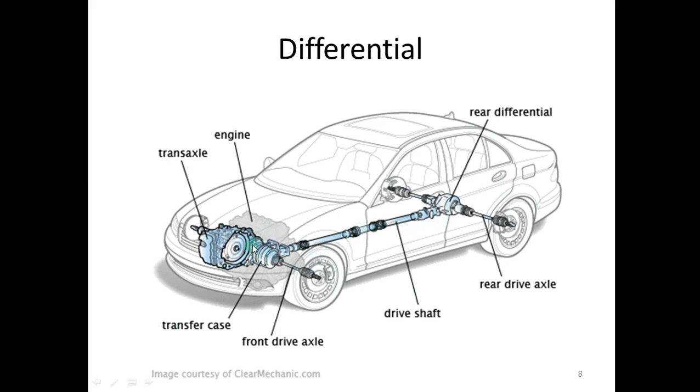The power transfers from the engine to this drive shaft, and the drive shaft is connected to the rear differential, and through the differential the rear drive axles, the wheels, are going to turn with the help of the differential. These two side wheels can rotate at different speeds when negotiating a turn.